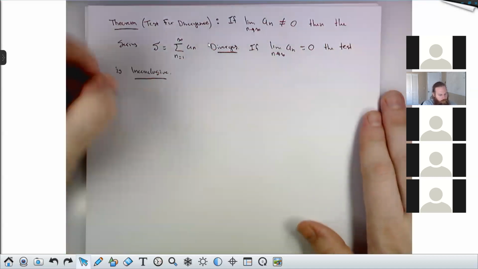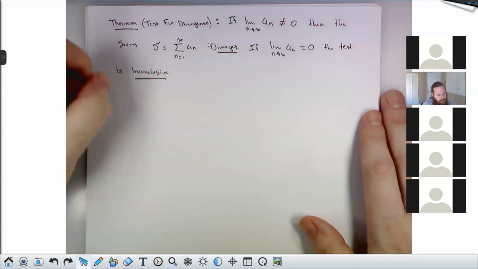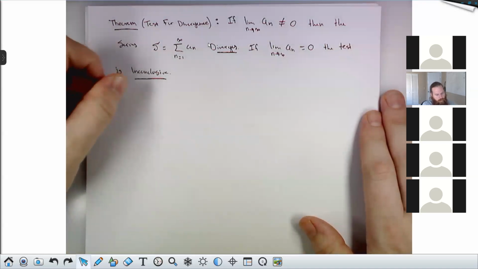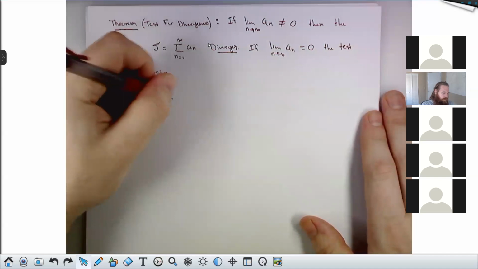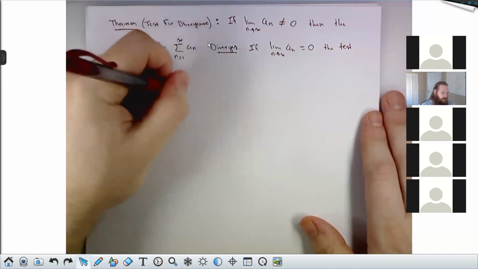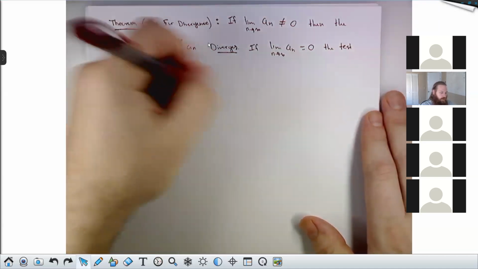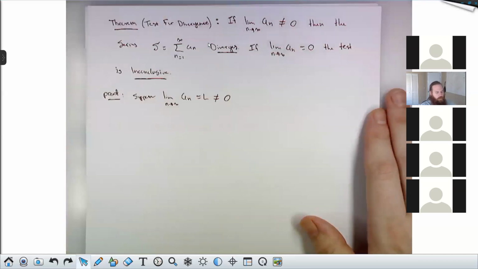I'll sketch for you a quick proof. Suppose the limit as n goes to infinity of a_n is equal to L, where L is not 0.